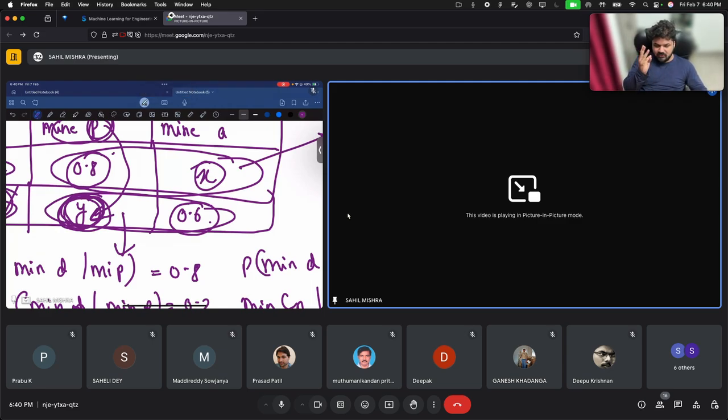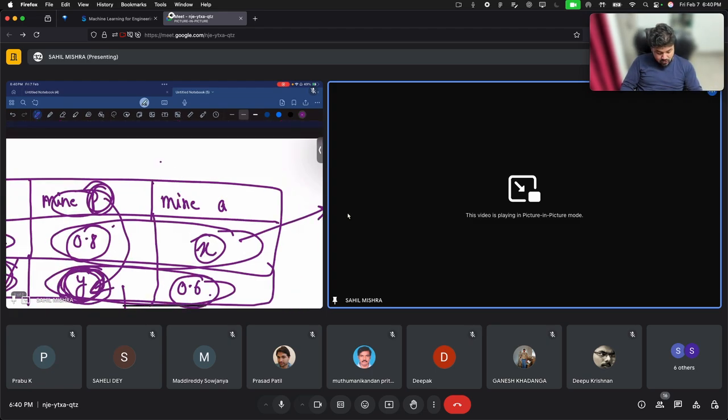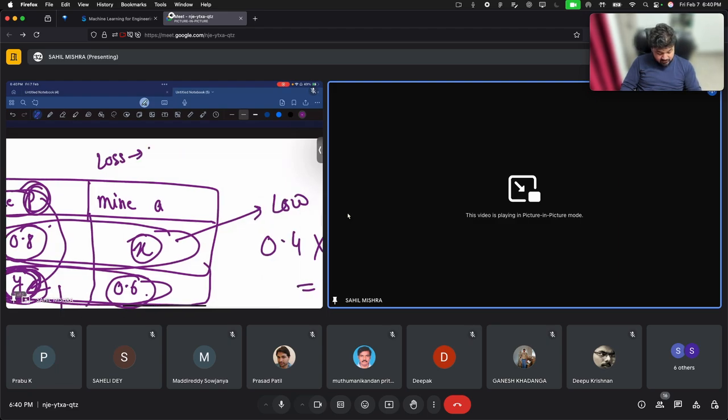Consider a person who has cancer, goes to the doctor, and is misdiagnosed as non-cancerous. In that case, the loss will be high. That person might die, and the family will suffer.